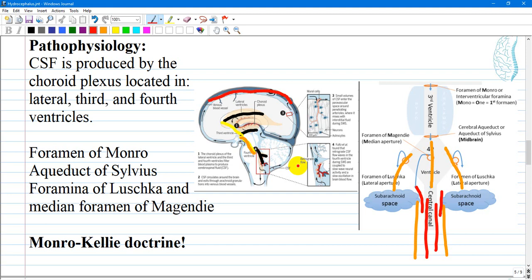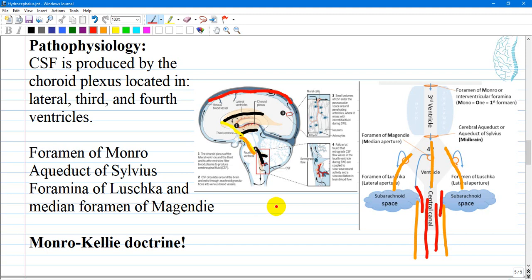Cerebrospinal fluid is absorbed into the venous sinuses and enters systemic circulation. The average cerebrospinal fluid volume is approximately 150 milliliters, and the daily production is about 500 milliliters, so 20 to 25 milliliters per hour. This means that the total cerebrospinal fluid volume is replaced 3 times per 24 hours.